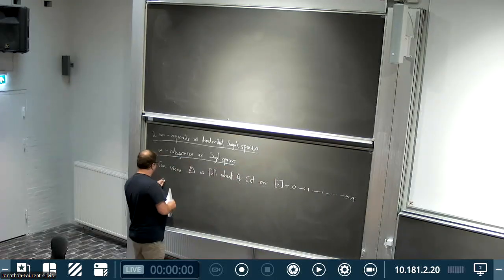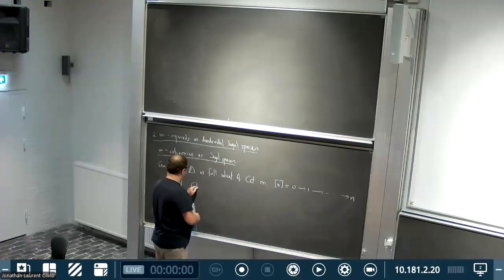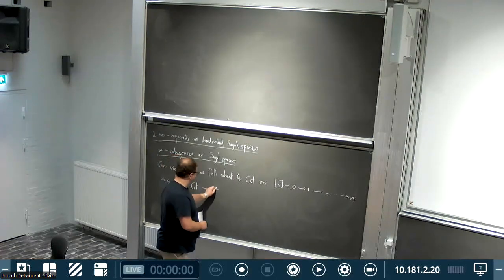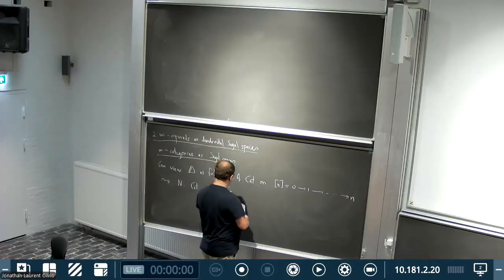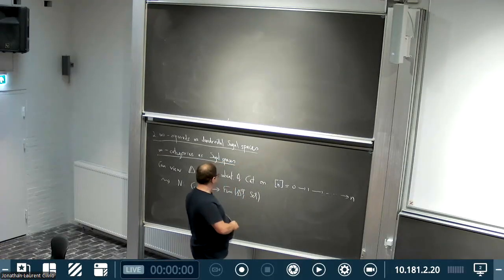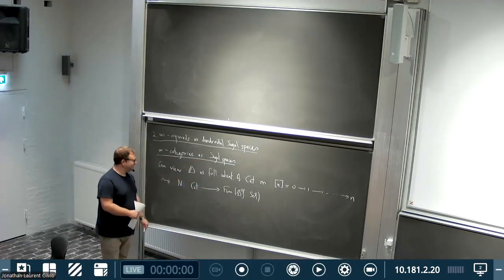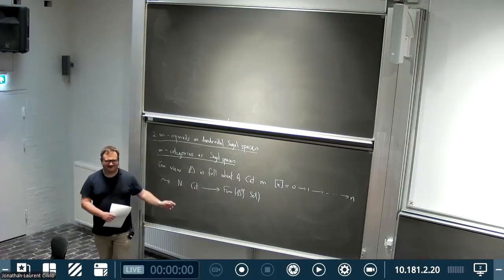And so using this embedding, we get a nerve functor from Cat into functors from delta op to Set. For now, I guess these days I have to say, when I say Cat, I actually mean one-categories, not infinity categories.